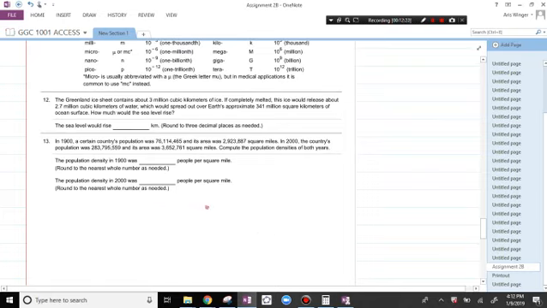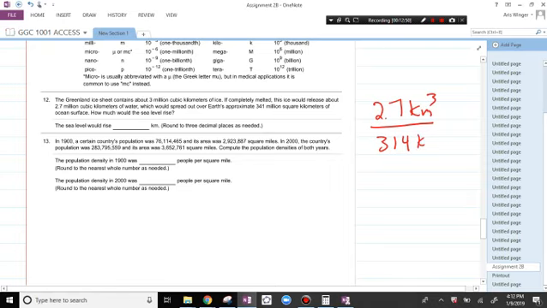The Greenland ice sheet contains about 3 million cubic kilometers of ice. If completely melted, this would release about 2.7 million cubic kilometers of water. So here you take the 2.7 kilometers cubed and you divide by 341 million and you see what number that is.